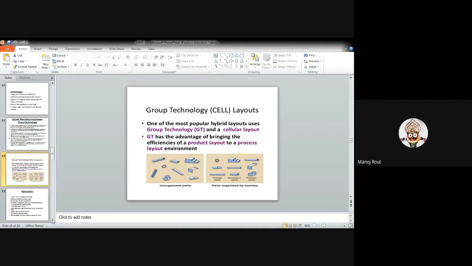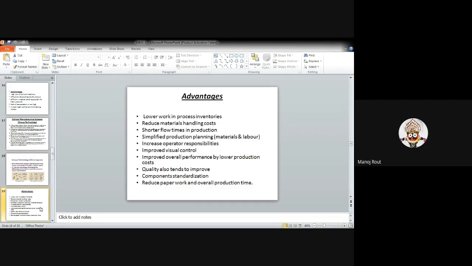The next is, so these are the basic advantages: lower work in process inventories, reduced material handling cost, shorter lead time in production, simplified production planning, that is material and labor.